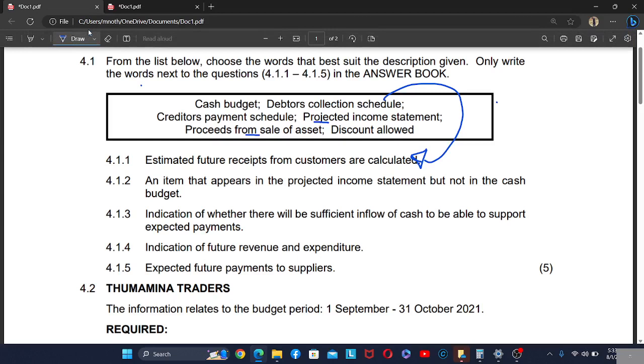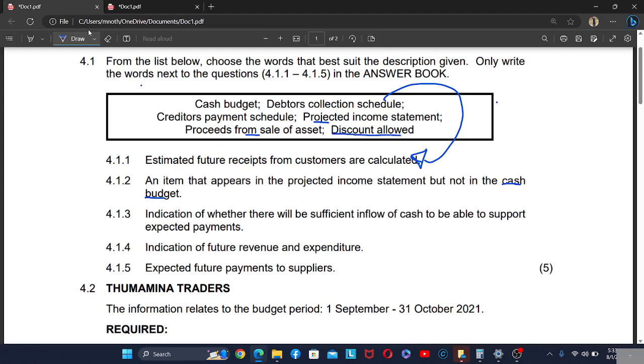4.1.2, an item that appears in the projected income statement but not in the cash budget. Remember, in the cash budget, we only include the cash items only. And then in the projected income statement, we include the incomes and the expenses, whether it's cash or non-cash. So here we're talking about what?